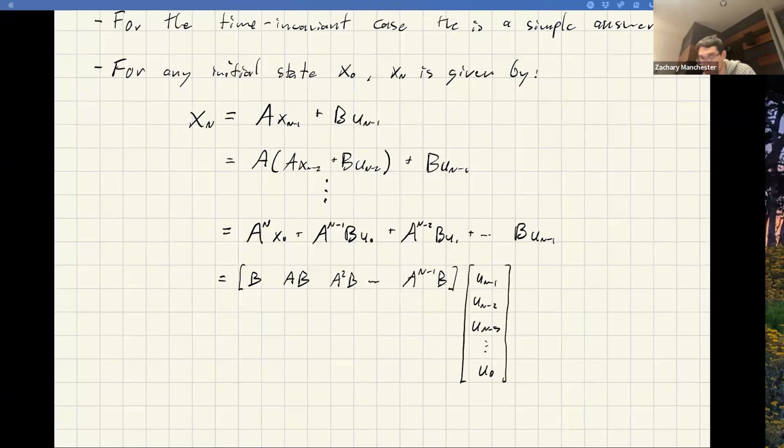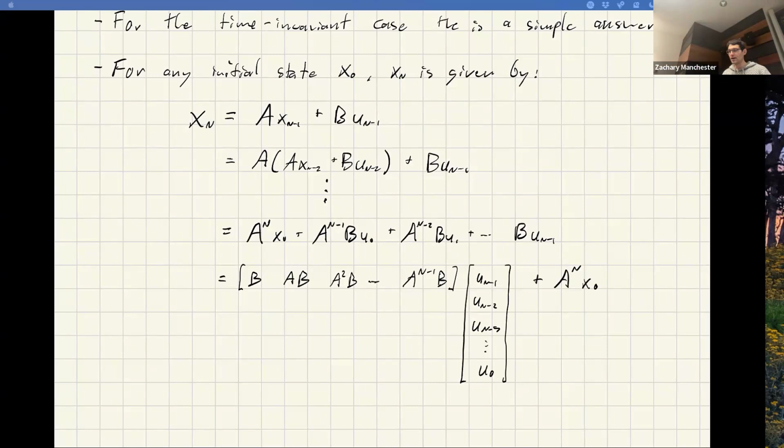And then I'm going to add on the first state, so I've got A to the n x naught over here. Make sense? So I rewrote that thing that we had up there in the form of a big matrix times all the u's stacked together, and then the x naught term. Cool?